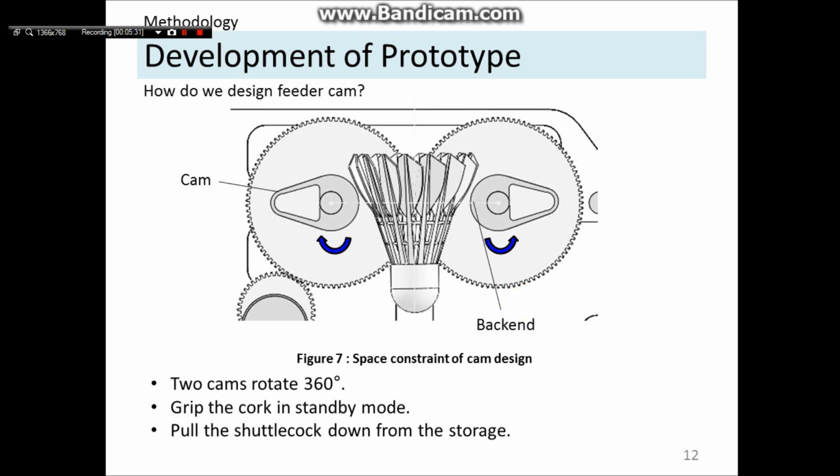However, due to the back end of the cam, the motion of the shuttlecock free fall will be affected, and thus the distance D will be designed to 80 millimeters apart, which is greater than the diameter of shuttlecock of about 70 millimeters.